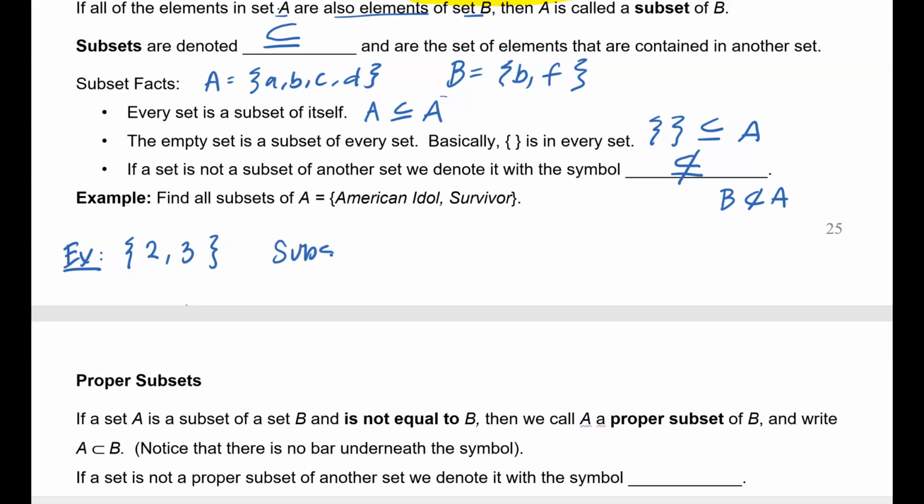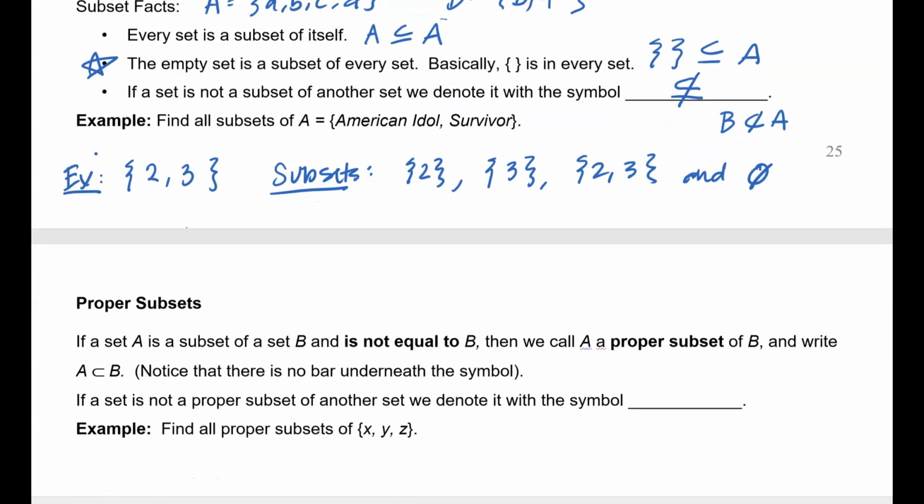So the subsets, if we listed them out, would be the set with 2, the set with 3, the set with 2, 3, and the empty set. So all the different possibilities of sets you could make with that beginning set. And again, I know it's weird to put the empty set in there, but remember that was part of the subset facts, that the empty set is a subset of every set.